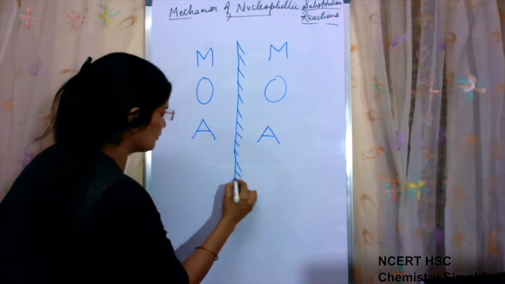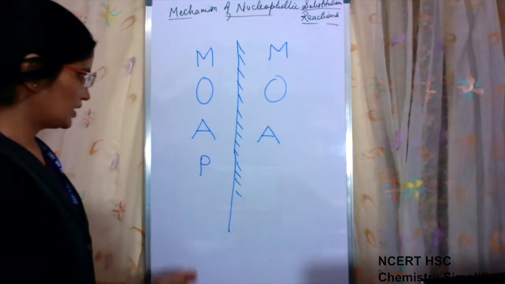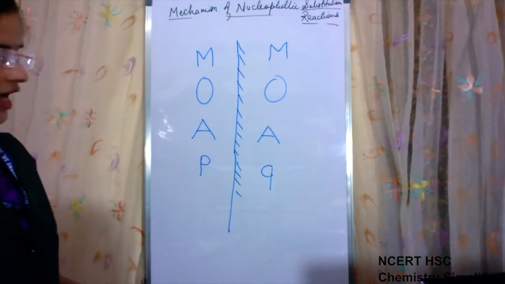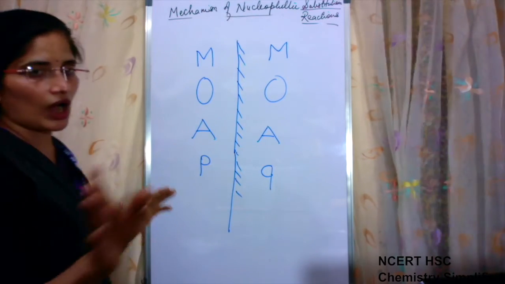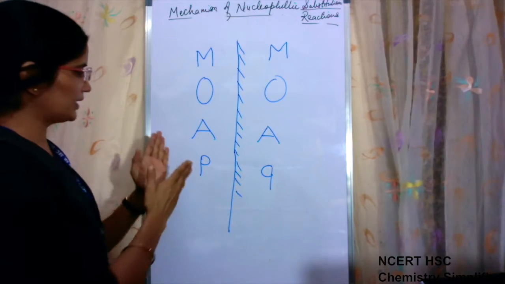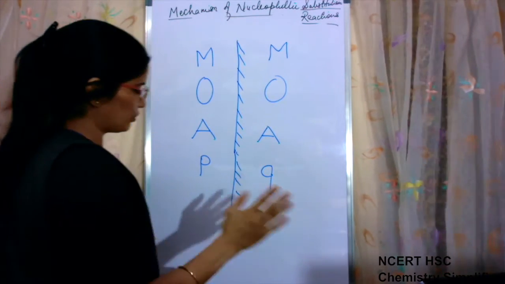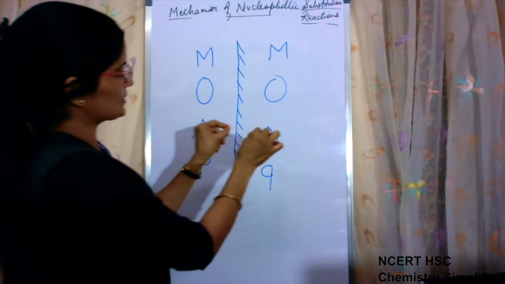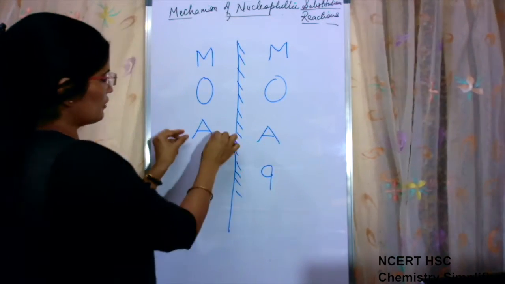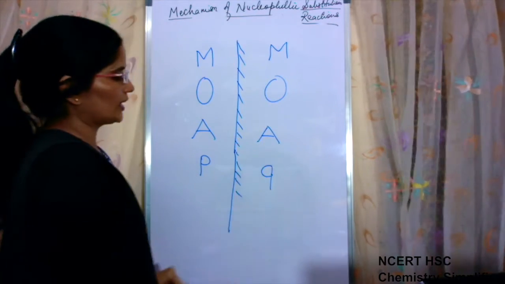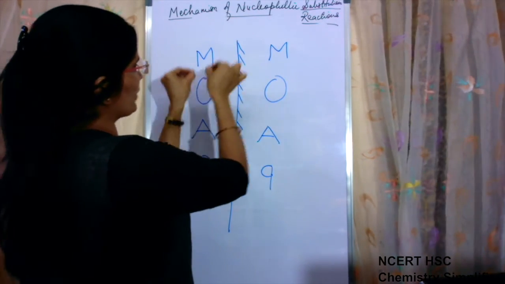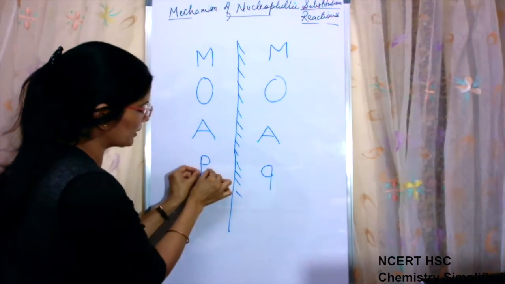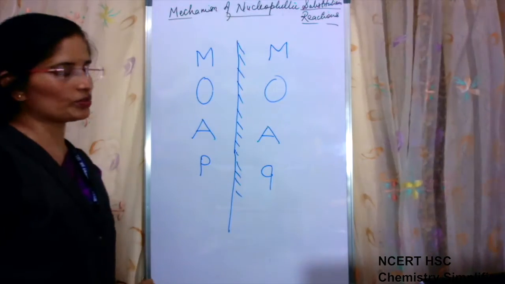If I make one more alphabet, let us make P. The mirror image of P will be like this. Now I have to superimpose these images. How do we do superimposition? Not that we pick it and superimpose. Superimposing means we pick the molecule from its place and keep it on this. So if we pick A and put it on this, it will be superimposed. O also, pick from here, put on this, superimposed. M also superimposes, but P, pick from here and superimpose, it will not be superimposed.